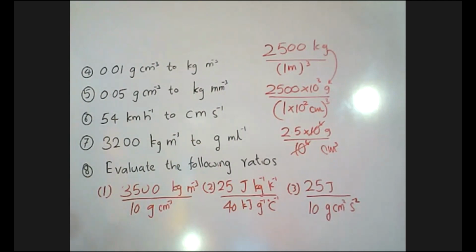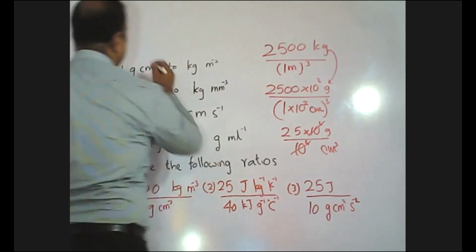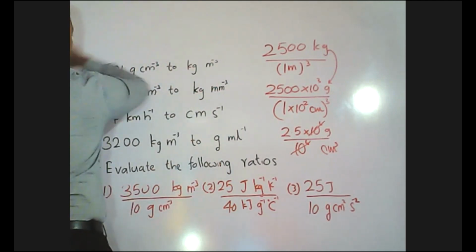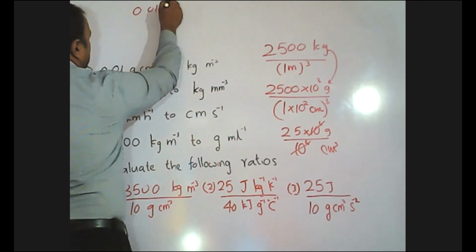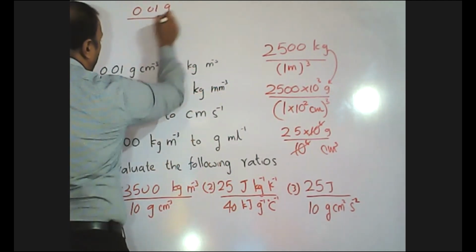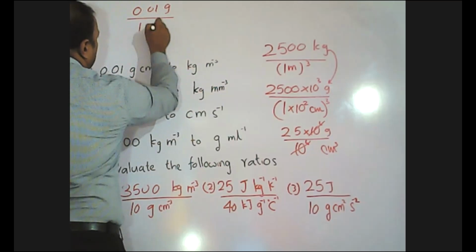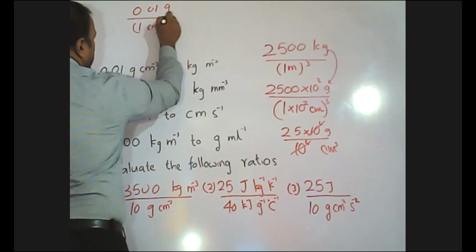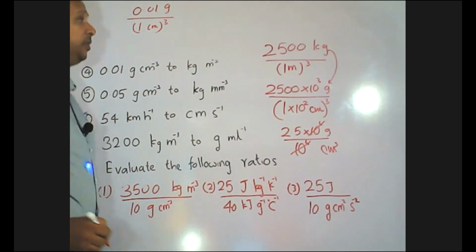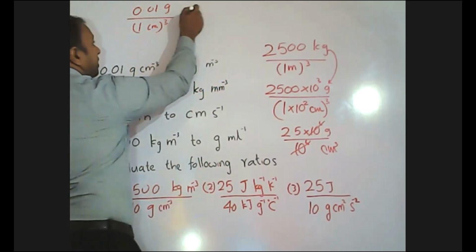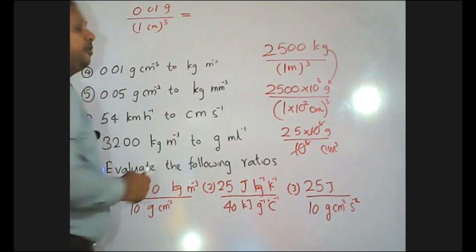Then 0.01 gram per centimeter cube to kilogram per meter cube. 0.01 gram over 1 cubic centimeter. Then you can convert each and every unit into the required unit.